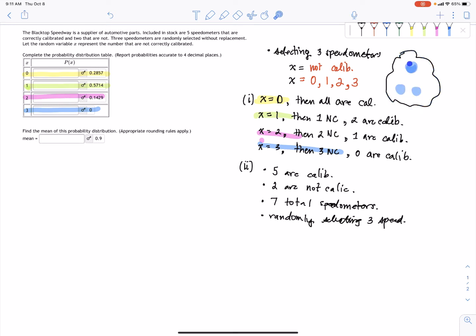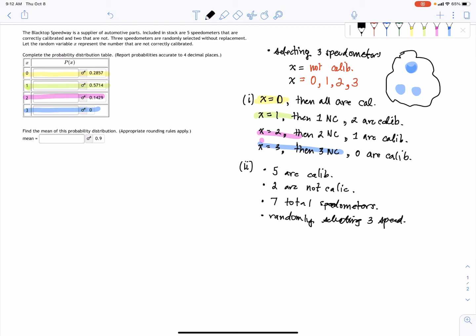Of those three, all of them could be calibrated, which come from the 5, or one could be not calibrated, right? And then two are not calibrated, or two of them could be calibrated and one not calibrated, right? And then if I selected all three and they were all not calibrated. Okay, so I think we're ready, and there's a couple of ways we're going to do this because there's so many different ways.